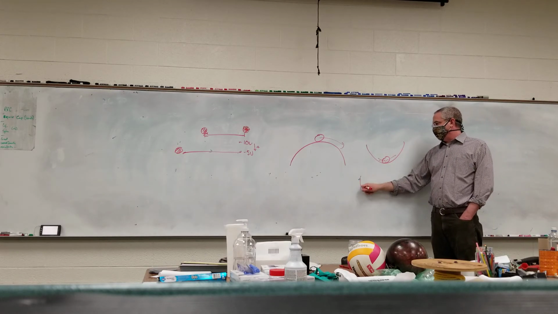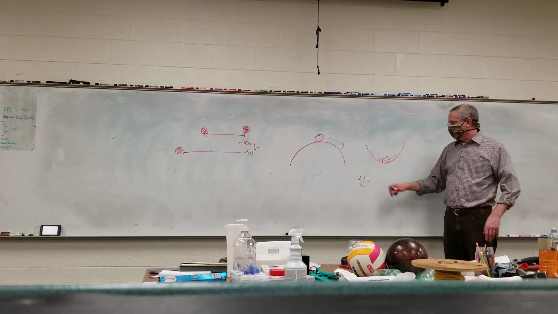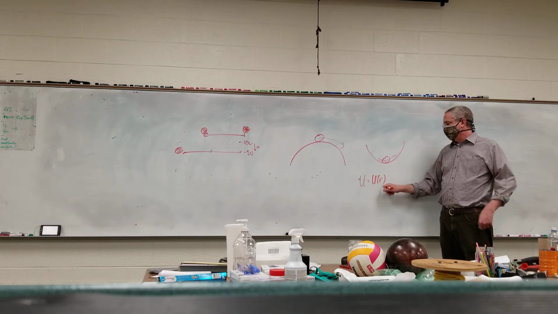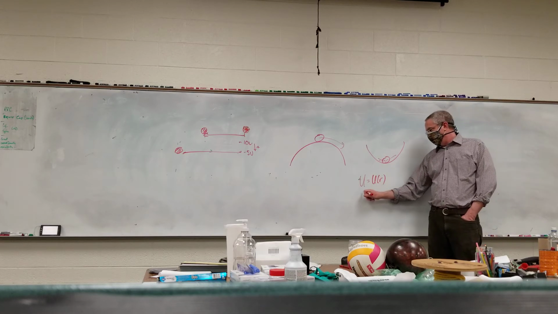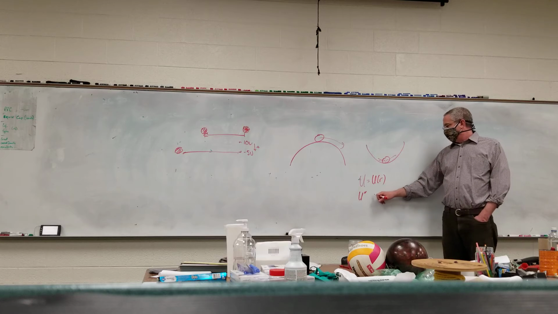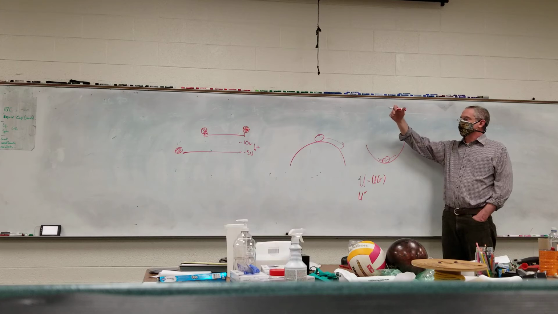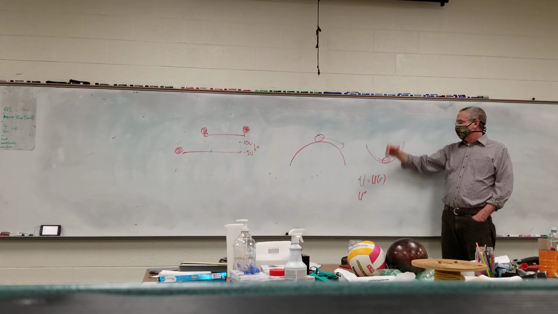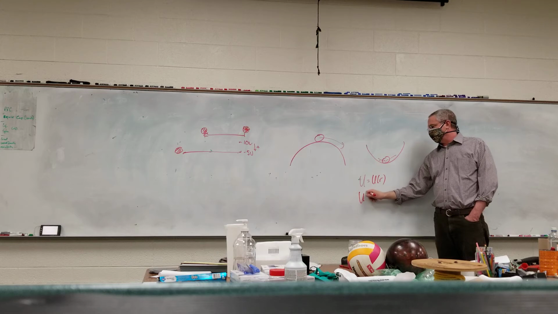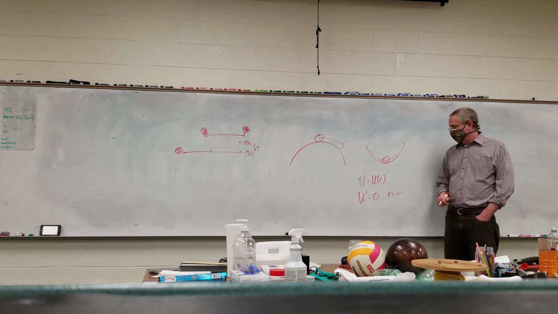If you have the formula for potential energy as a function of r, mathematically, you take the first derivative with respect to r, set that equal to 0, and solve for r, and that will tell you where the extremum is.